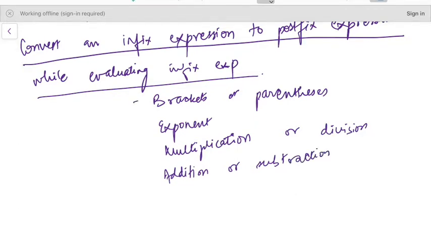Correct? So these are the operators that we consider in this order. I mean, this is the evaluation order as far as the operators are concerned.